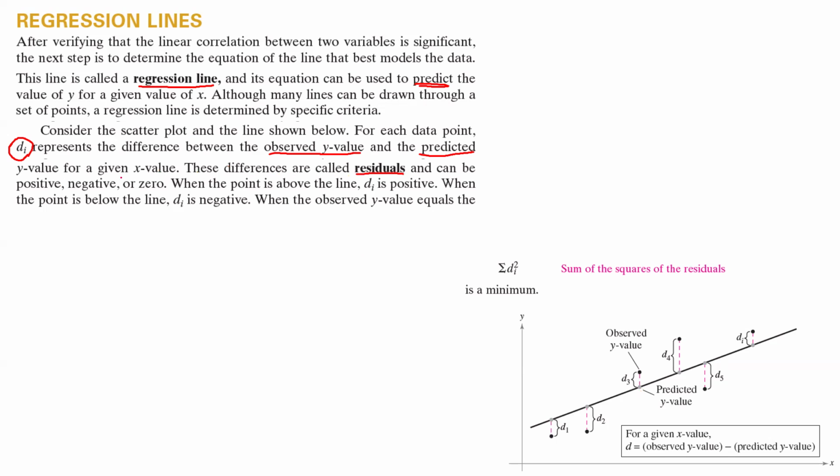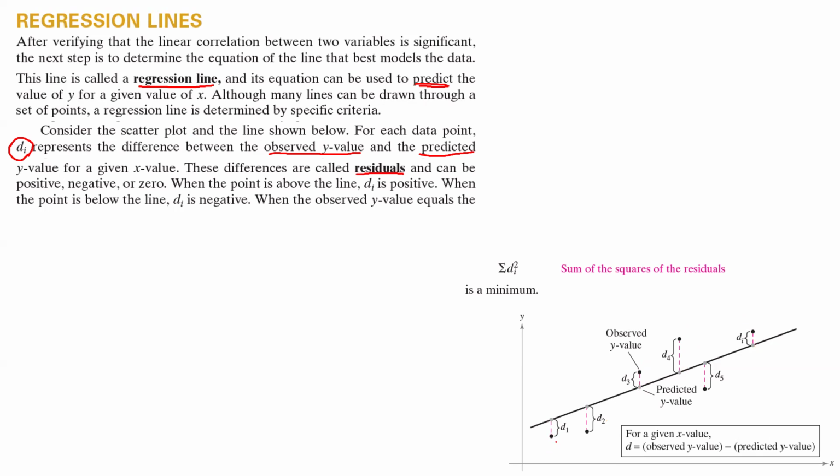And it can be positive, negative, or zero. When the points are above the line, d sub i is positive. Like these points, the observed value is more than the predicted value, so their difference is positive. It can be negative.